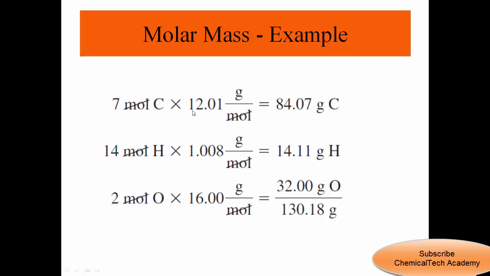So 7 times 12.01, 14 times 1.008, 2 times 16. These are all atomic masses. So the answer would be 84.07 grams, 14.11 grams, 32 grams. After we add all of them, the molecular weight of this compound is going to be 130.18 grams.